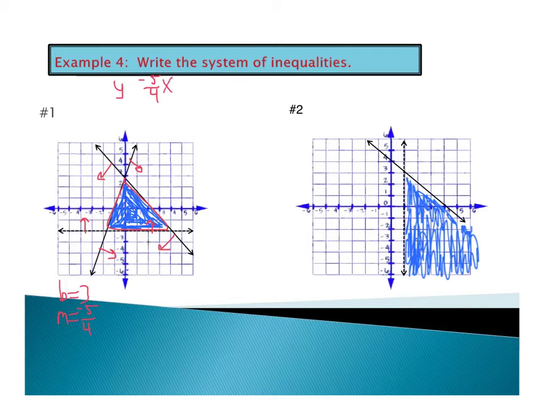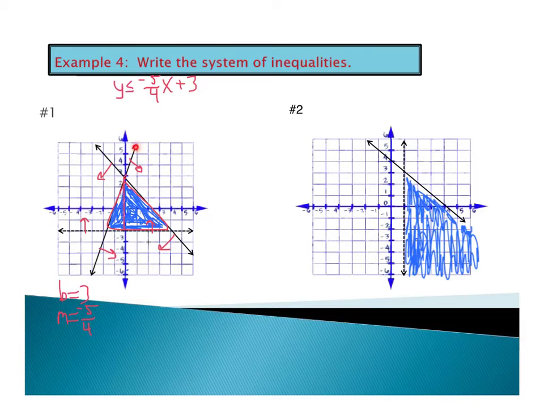So down 5 and then over 4, and we're starting at positive 3 for my y-intercept. Now let's think about our inequality here. I'm shading below the line, so that means that I'm going to be less than, and it's a solid line, so less than or equal to. So there's my first one.